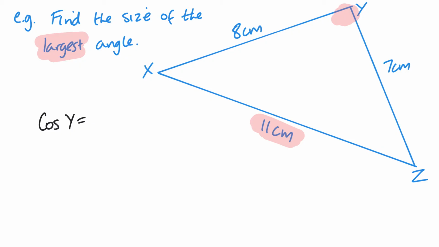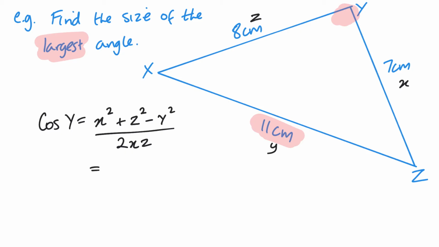Okay, so this is now x squared plus z squared minus y squared all over 2xz. And just to get those, 11 is my y, 7 is my x, and 8 is my z as their opposite.